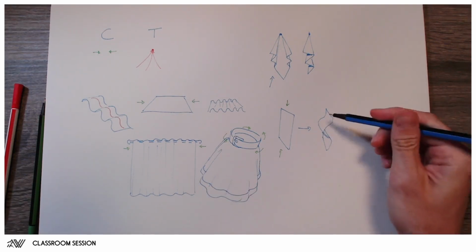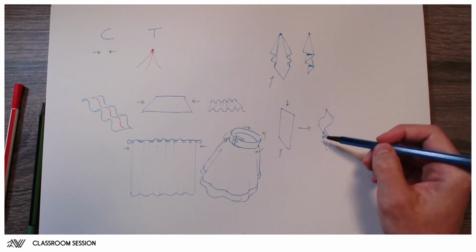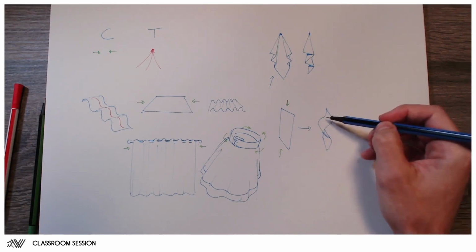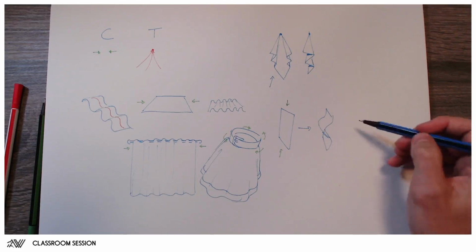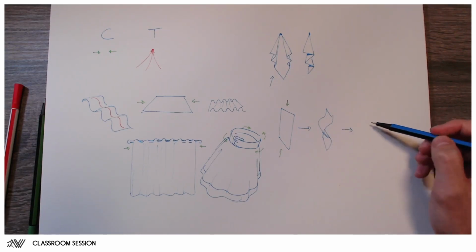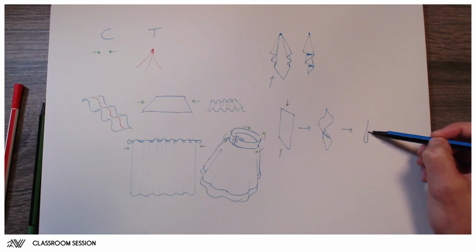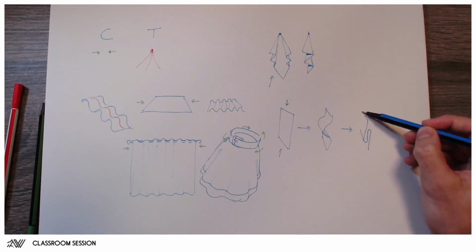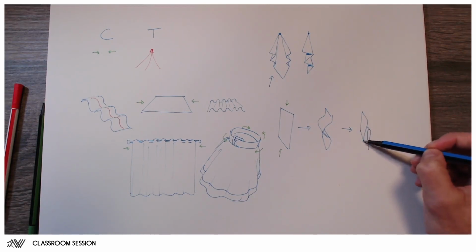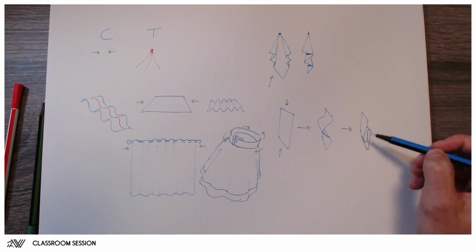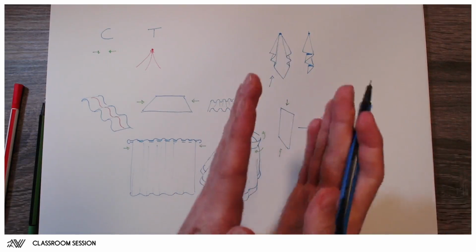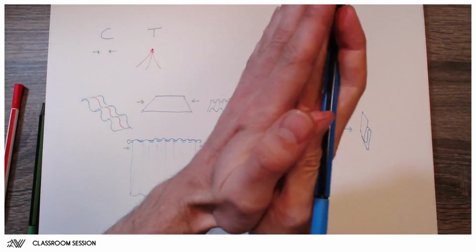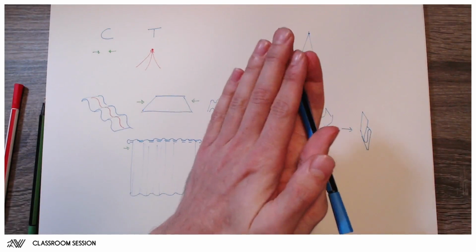Now, if we were to let gravity do its thing and let that fold go further and further, it would essentially droop completely and kind of fold into itself, compressing itself together.